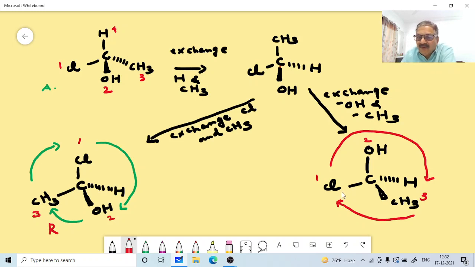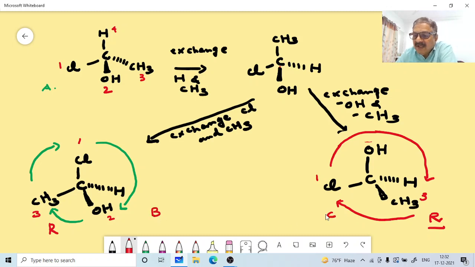If it is again clockwise, therefore the designation here will be again R. So here we can call this A, then this is B, then this is C.